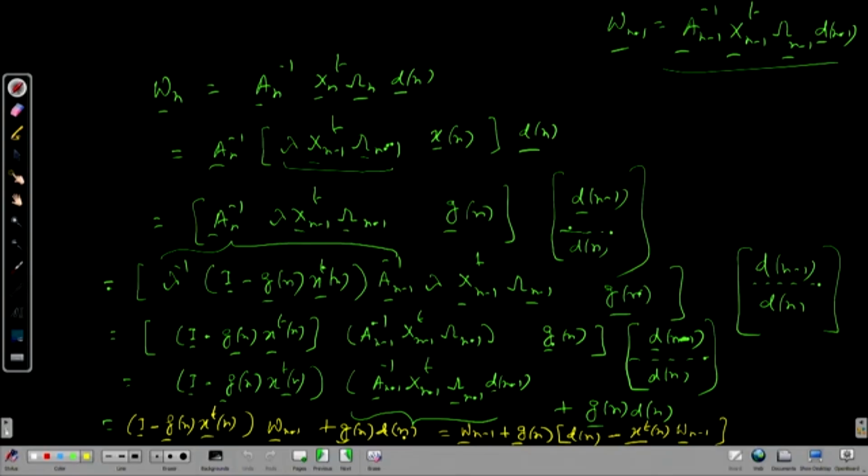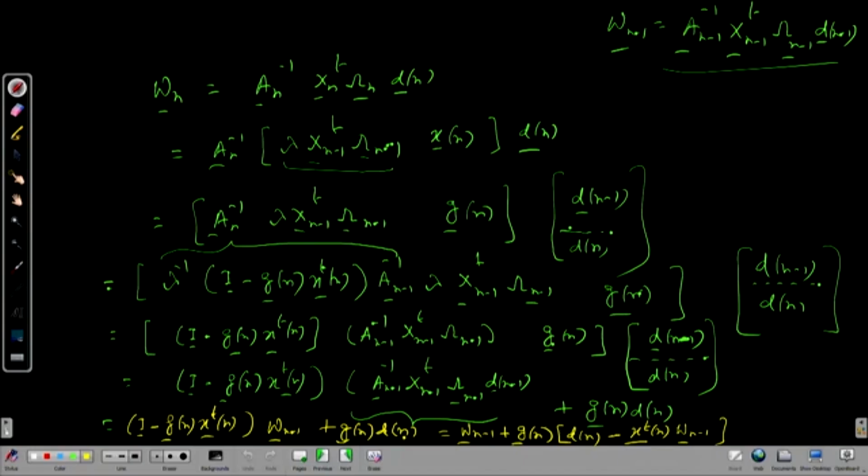The matrix capital X n for those lower values of n will be rank deficient, so the inverse will not exist. So, how do we take care of this when small n is less than capital N, that is, in the very early stages of the iteration, n equal to 0, 1, 2, 3 and so on, because at that time it will not be invertible as such? That is one crucial issue that you have to take care of.